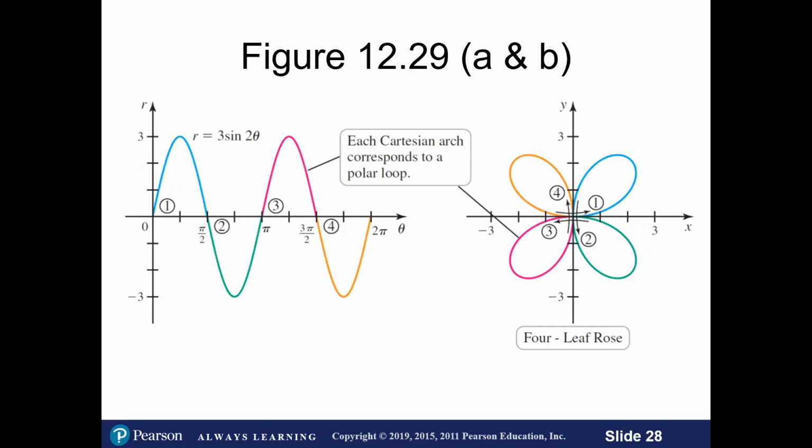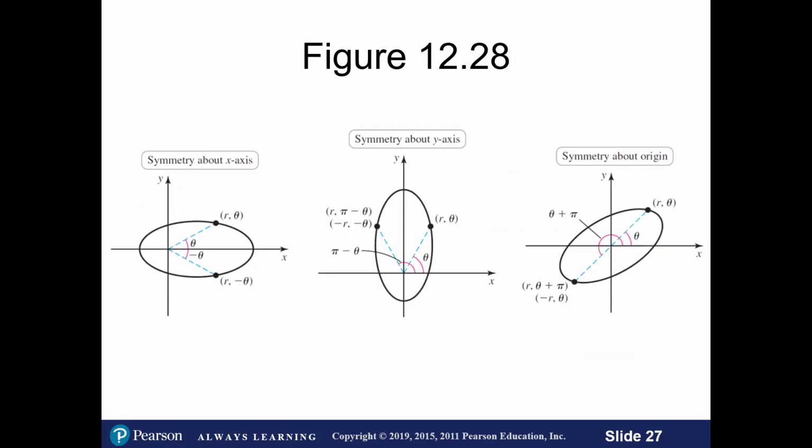All right, so those are the three basic types of symmetry that we'll look for with polar coordinates. And for an introduction to polar coordinates, I think that will do it.